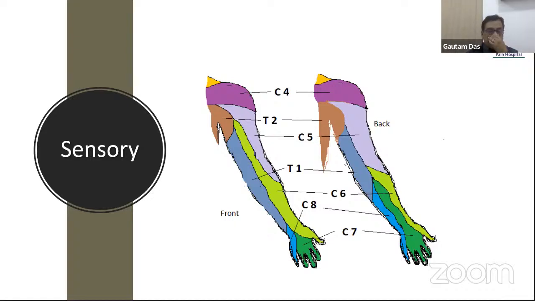Then the middle finger and the adjacent areas are your C7, and the medial aspect of the forearm along with the little finger is C8, and the inner aspect of the arm is your T1. So these dermatomes should be remembered, and by looking at the dermatome values, many times it helps in diagnosing which root might be involved.